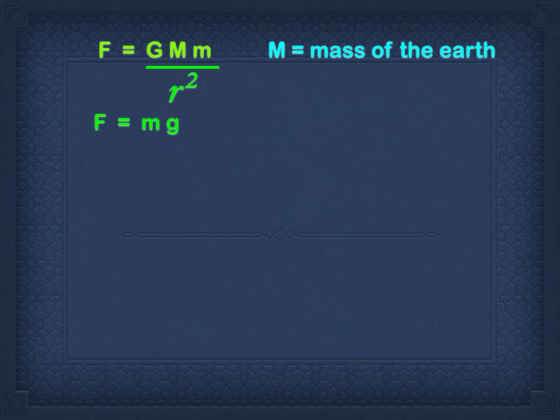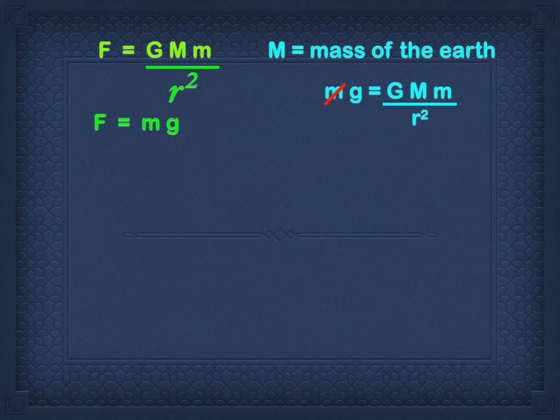Now we know that force is the product of mass and acceleration. Since here we are considering acceleration due to gravity, we denote it by g. So force is the product of mass and g, that is m and g. Now we know that F is equal to m g, so we substitute this value in the equation F equal to G M m upon r square.